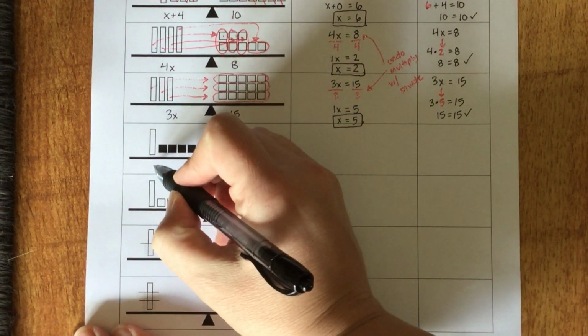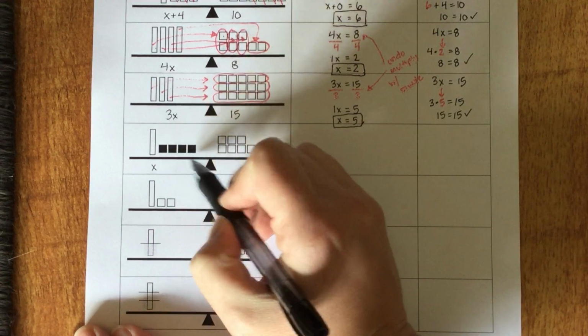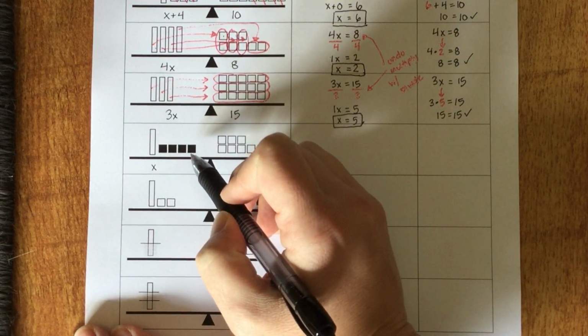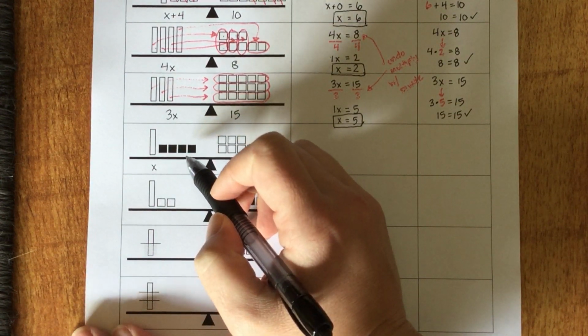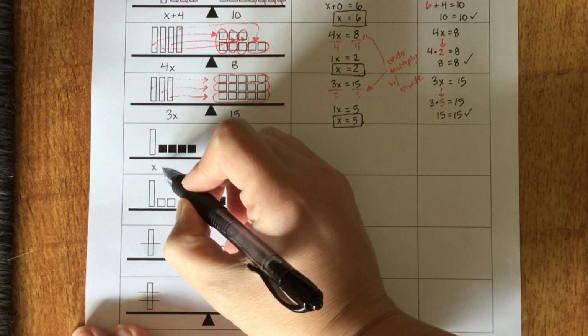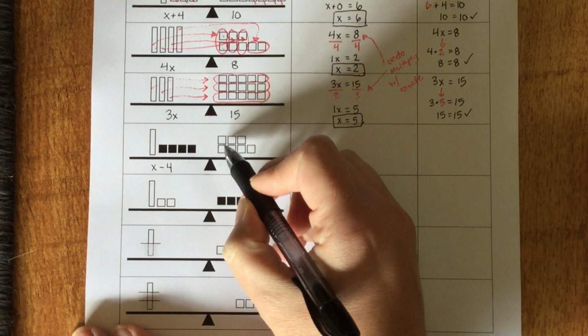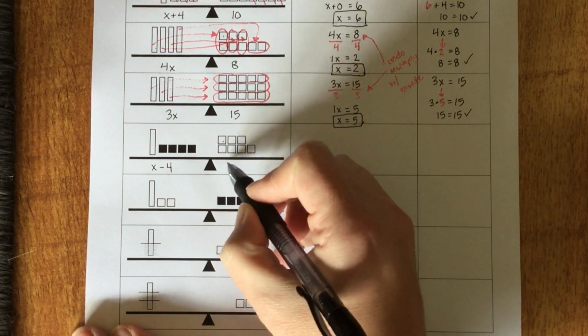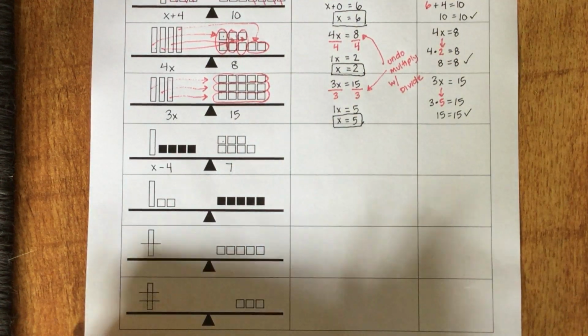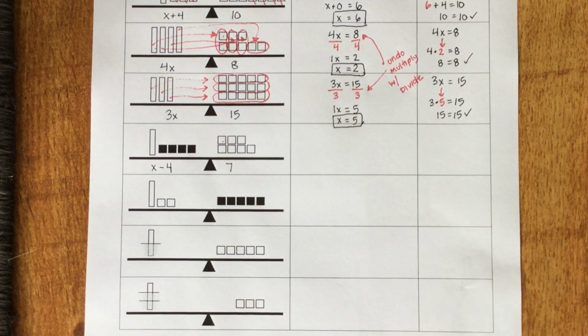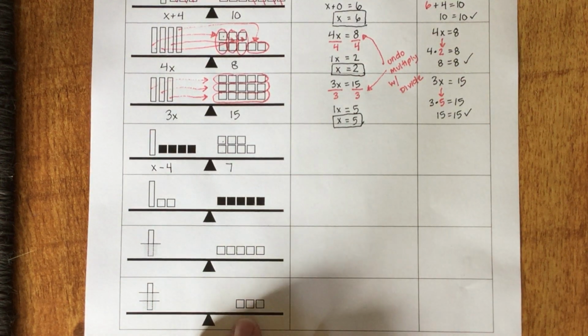In this equation, I see a variable, and I see colored in squares, which according to our key represents negative constants or subtracting. 1, 2, 3, 4, 5, 6, 7. So this equation is x minus 4 is balanced with or equal to 7.